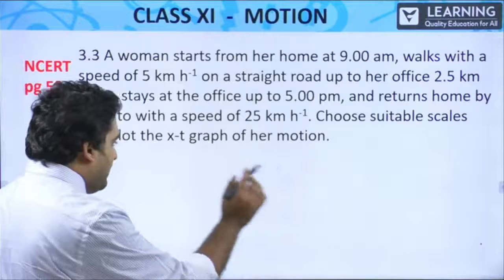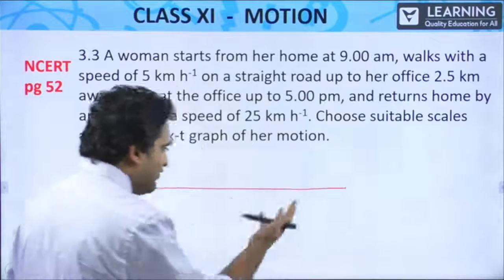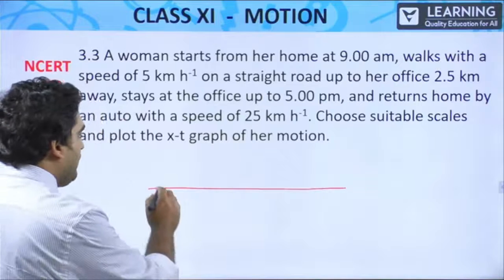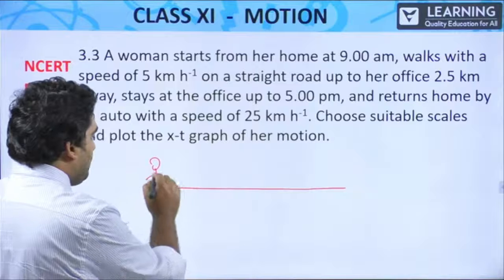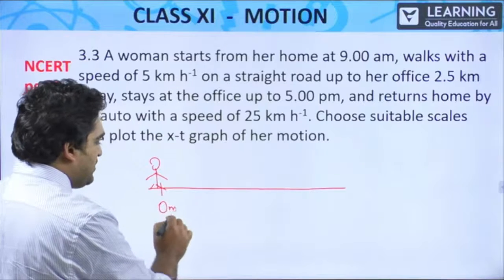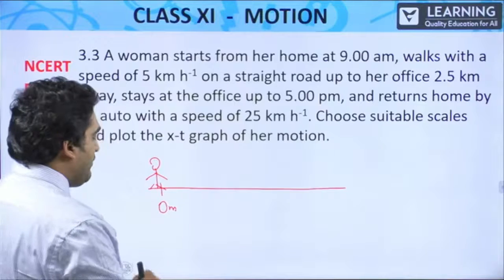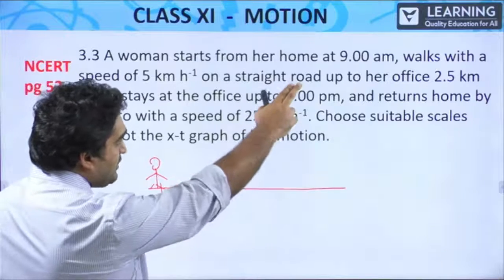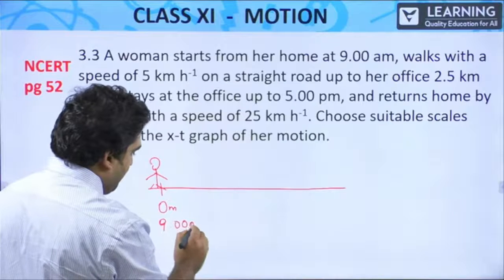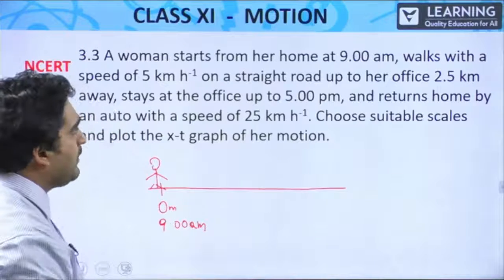All right, so first let's illustrate this by a diagram, by a figure. So here you have a woman who starts from her home, let's say 0 meters covered at the moment from her home. And what time does she start? It is 9 a.m. Okay.